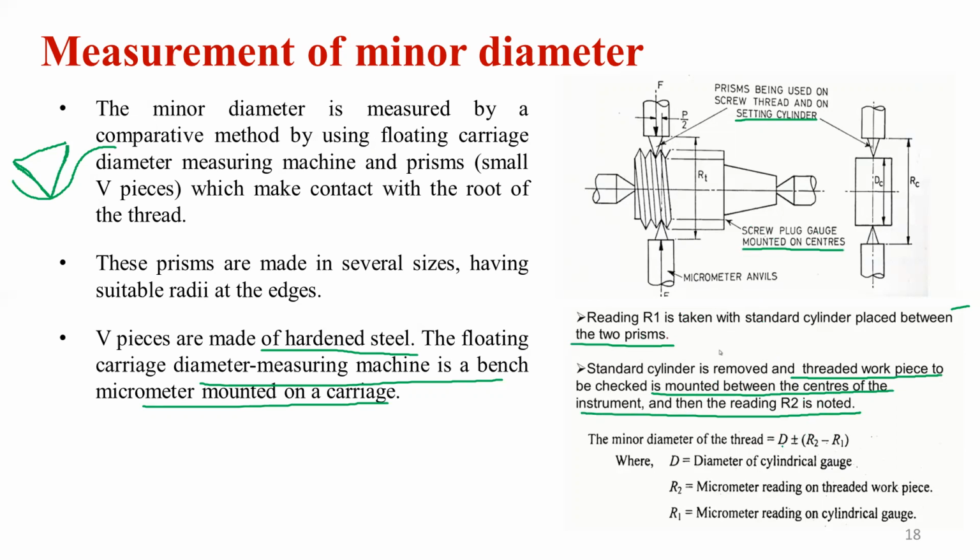The minor diameter of the thread is equal to D plus or minus R2 minus R1. D is the diameter of the cylindrical plug gauge, approximately the same as the minor diameter of the screw thread. R2 is the micrometer reading on the threaded workpiece. R1 is the micrometer reading on the cylindrical gauge. By using this, we can find the minor diameter of the thread.